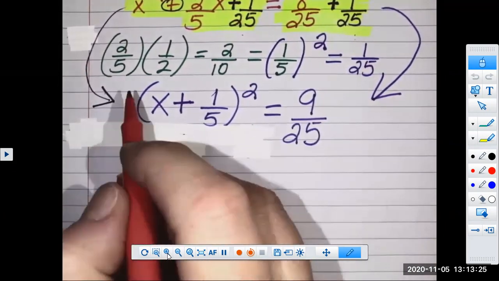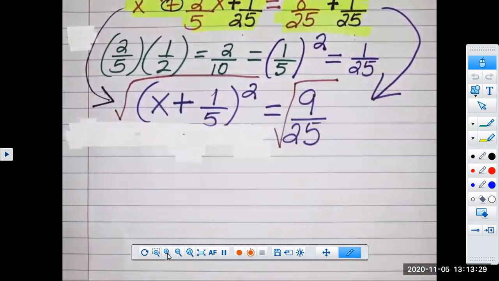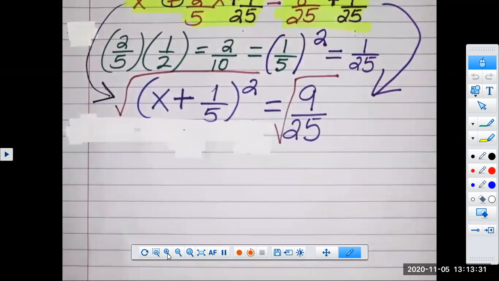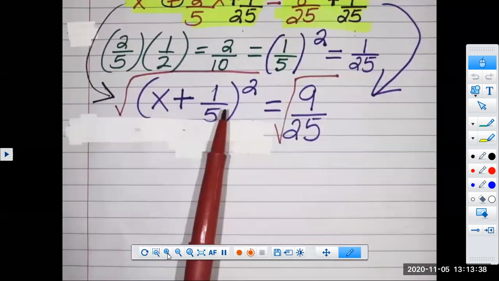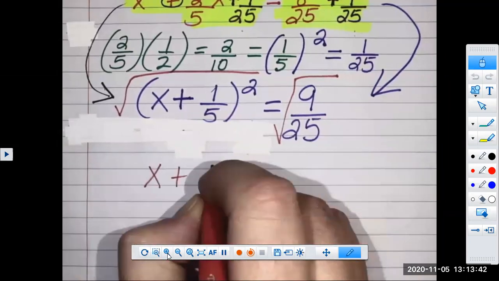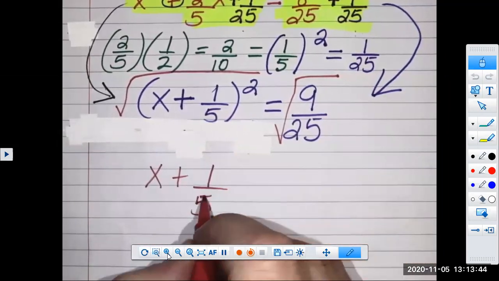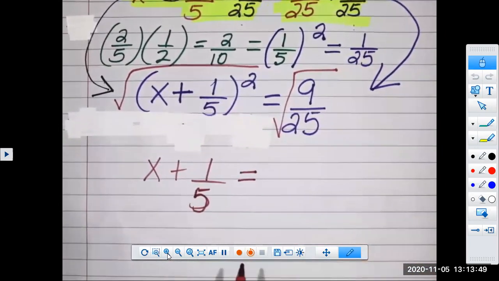We do what? Square roots. What will you be left with on the left side? x plus 1/5. Good, x plus 1/5. Please make sure you do not bring down the parentheses and the squared. You're left with x plus 1/5.